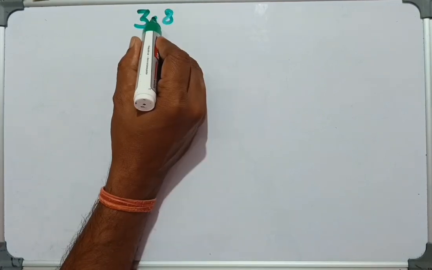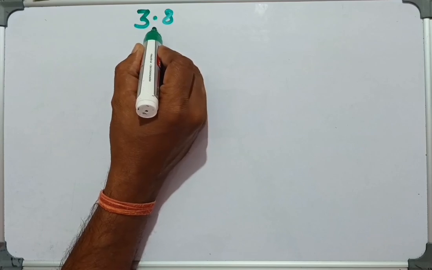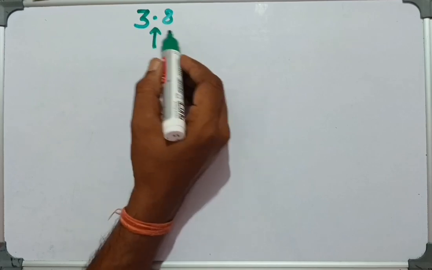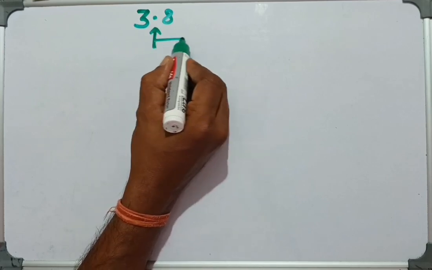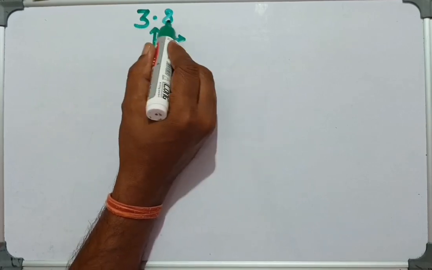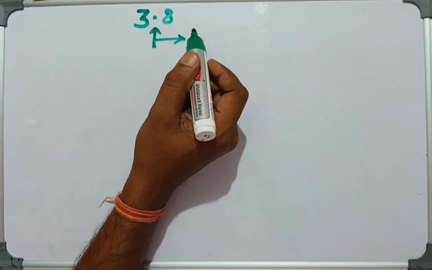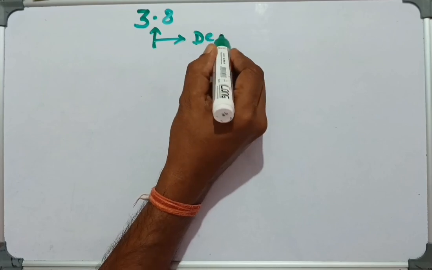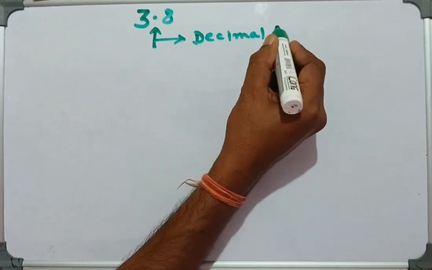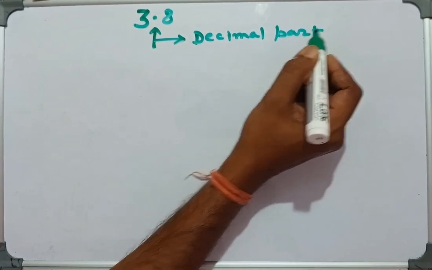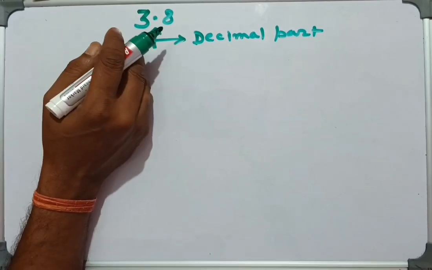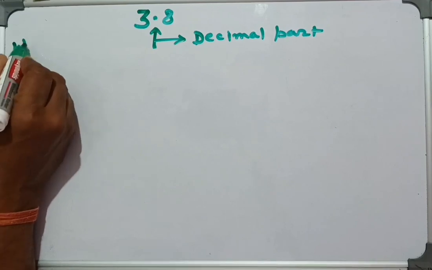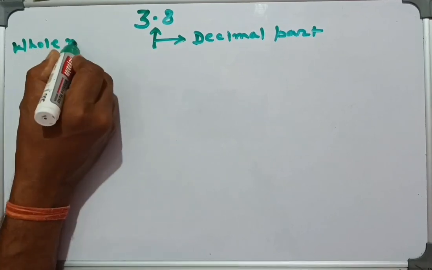The dot or point represents that this number is a decimal number. The right part of this number is called the decimal part, and the left part is called the whole number.